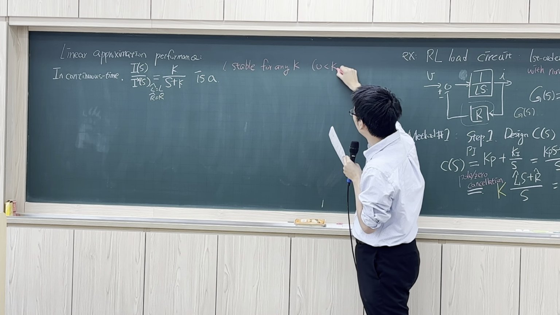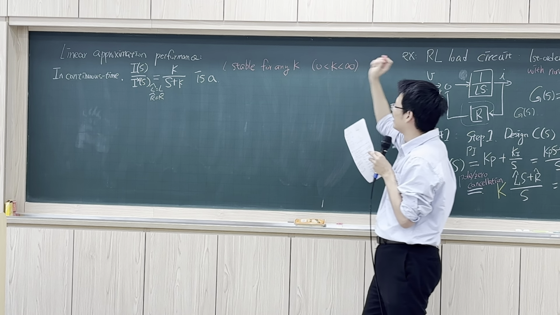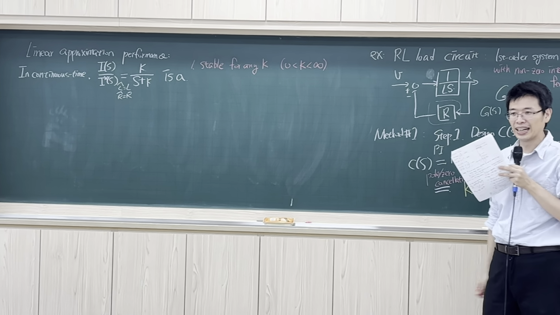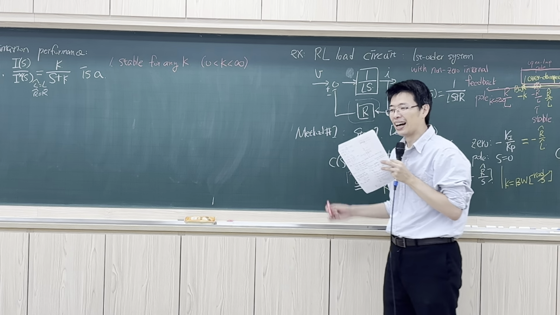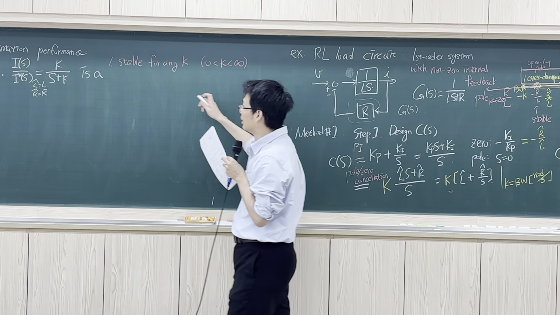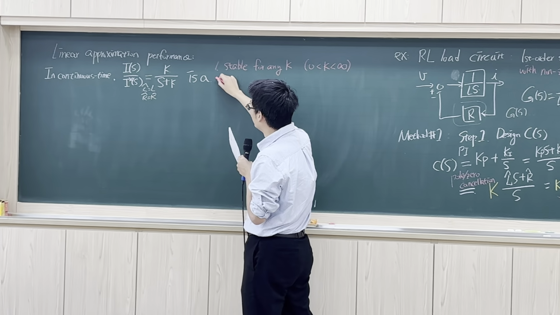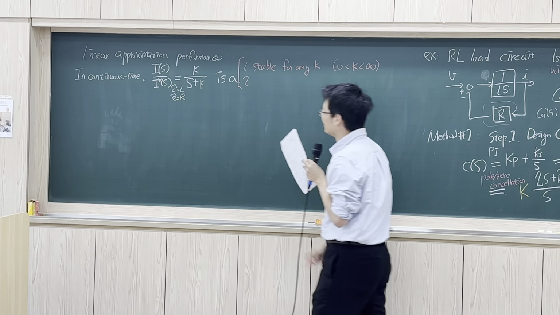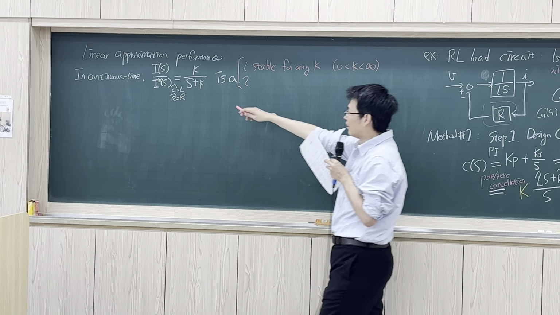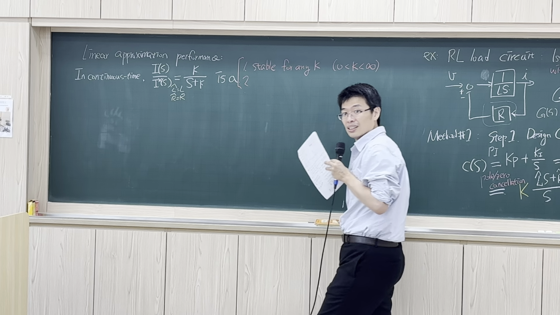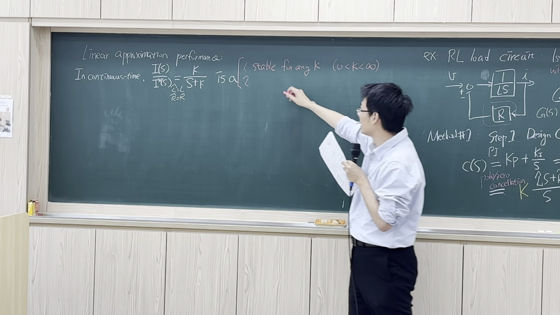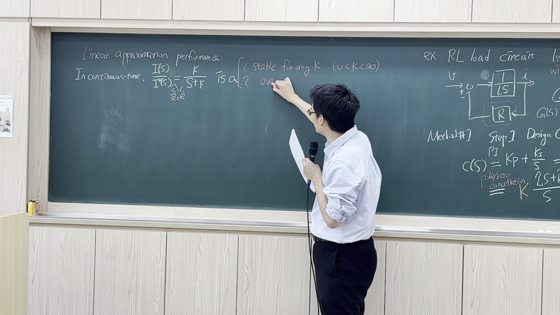For any value of k, the system should always be stable. Ideally, it will not diverge. It will always be a convergent system. Second, not only a stable system, if our parameter estimation is correct, it will always be overdamped.